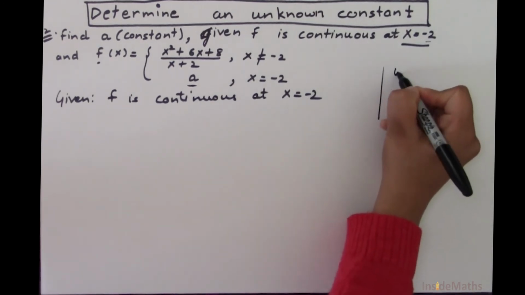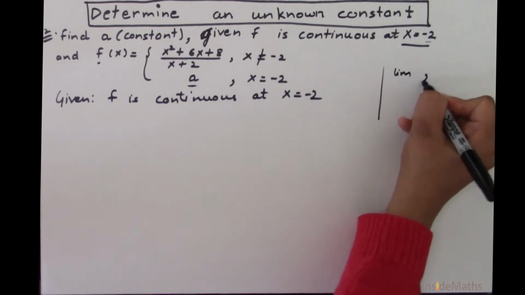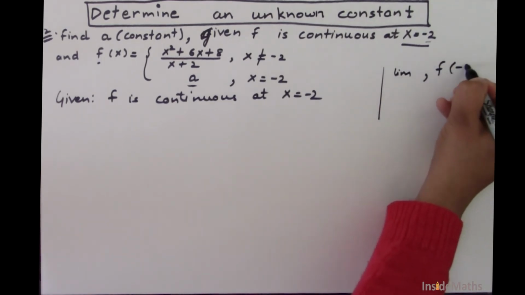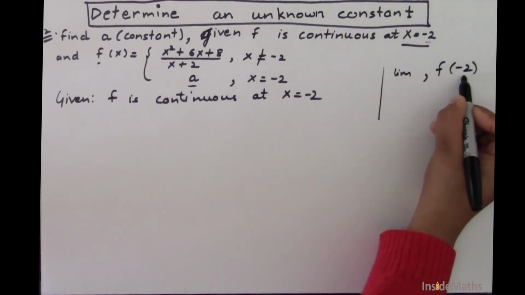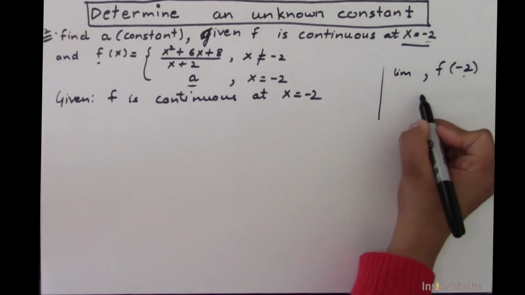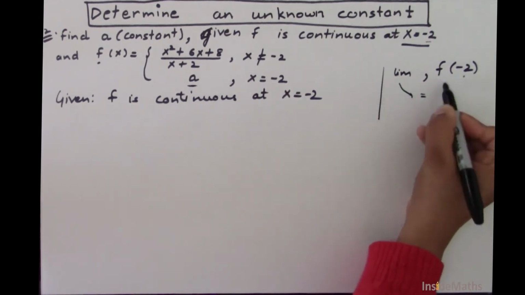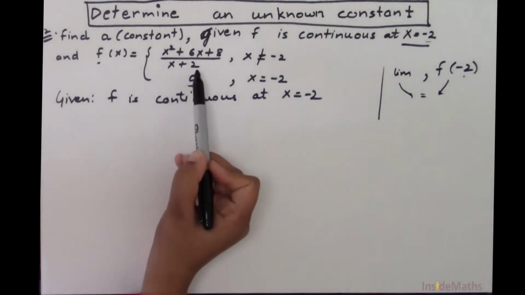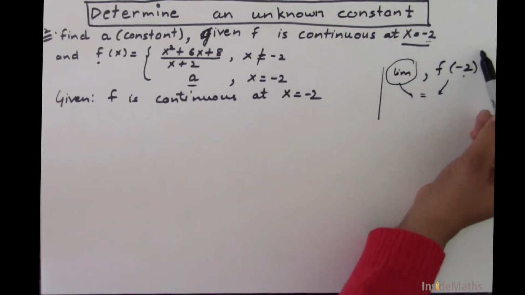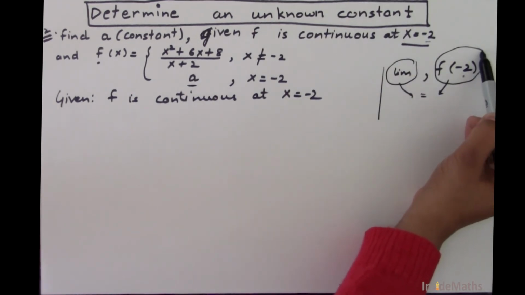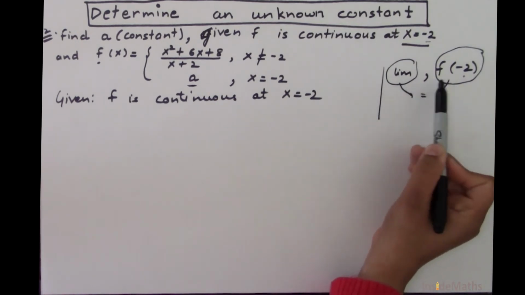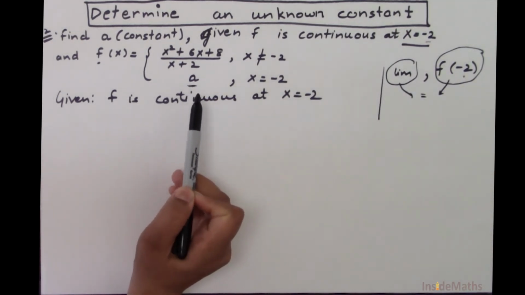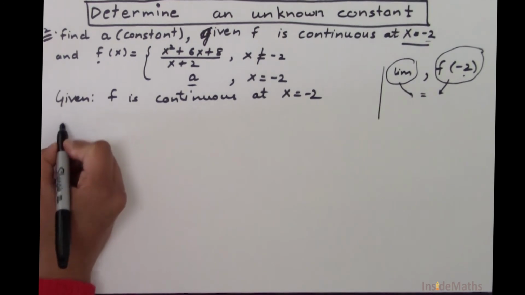That means the limit must exist and the function must be defined at the point -2 where we have to check the continuity, and both of these are equal. So what we'll do, we'll find both these values and we'll equate them, and then from that we'll find the value of a. So let's start.